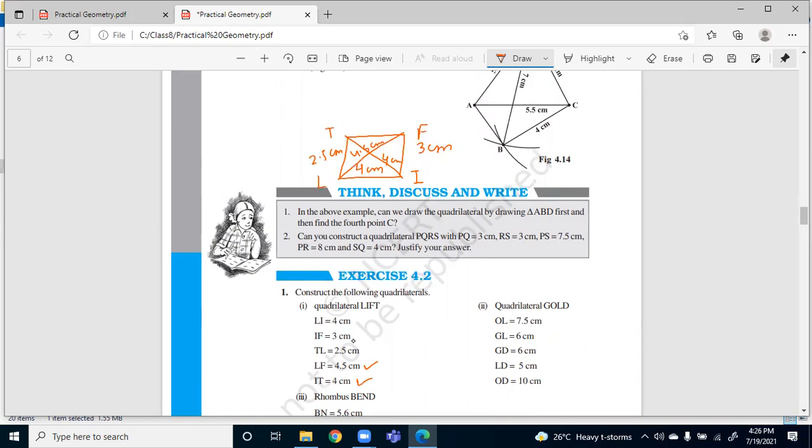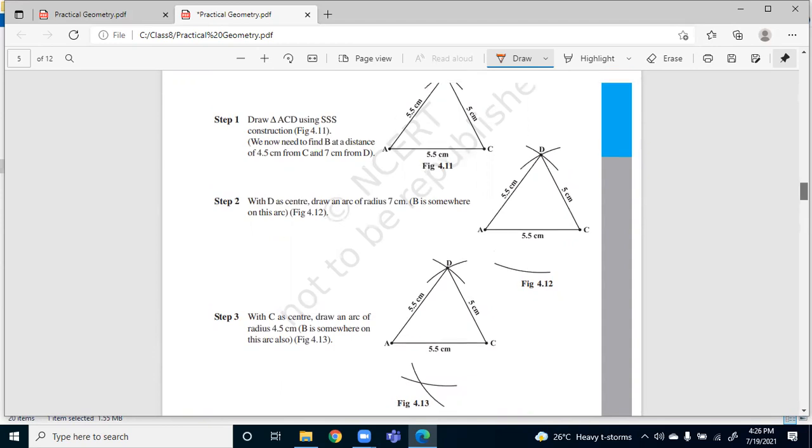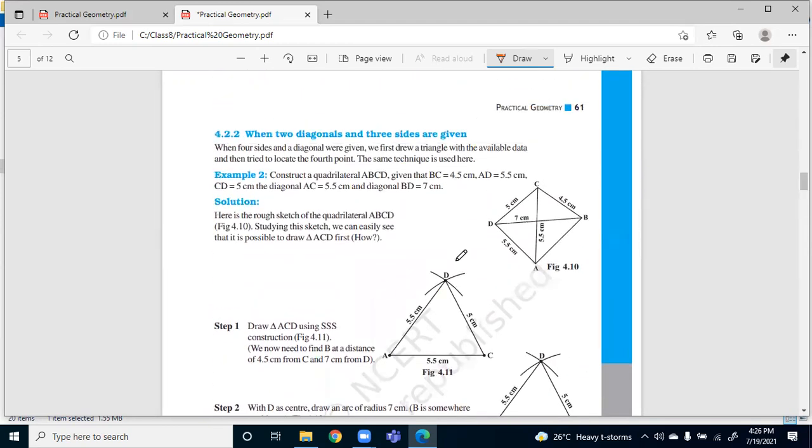So I can choose either of the diagonals. Let me do it with an example. You have to do this one for exercise. So see here, there is a quadrilateral ABCD and all the lengths are given. We will start with any one of the diagonals.